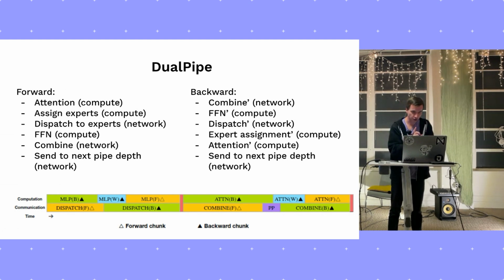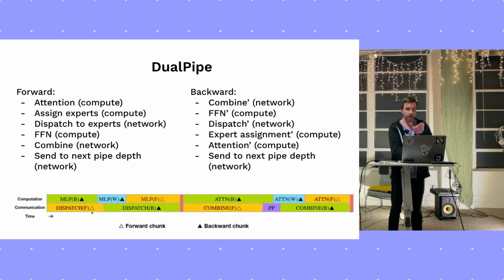The second thing to pay attention to is that if you remove the blue block, you would still entirely or almost entirely overlay communication and computation, because presumably computation is slower than communication, right? If you imagine removing MLPW completely, on top you would still have MLPB. Dispatch F will just get smaller and dispatch B will get smaller. If you look at this graph, the green MLPB is a matmul.